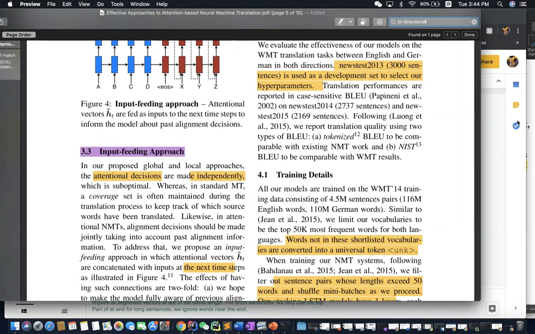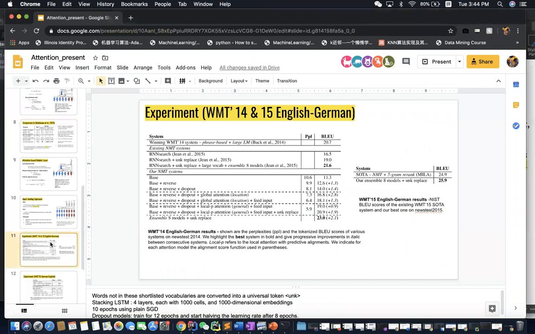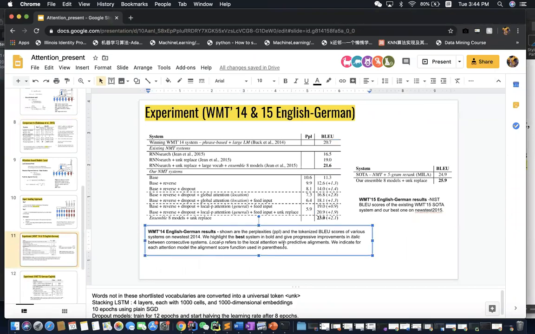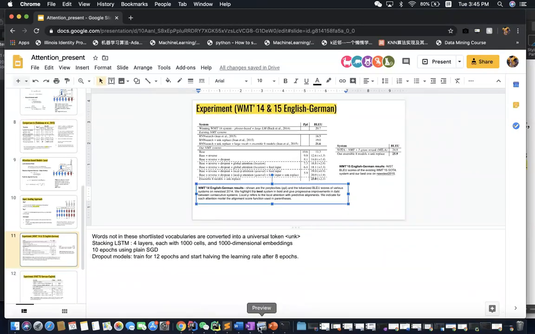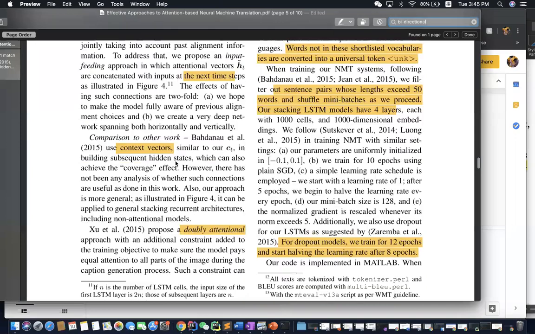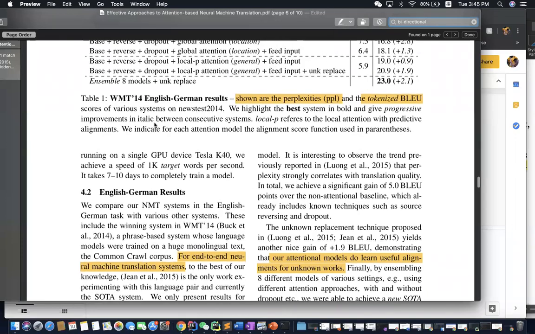From the slide, page 11, experimental results, in the column for our neural machine translation systems, there are base plus reverse plus something. What is this reverse?